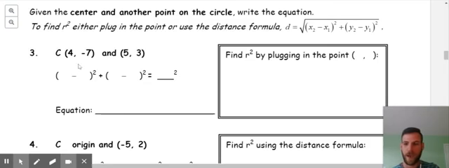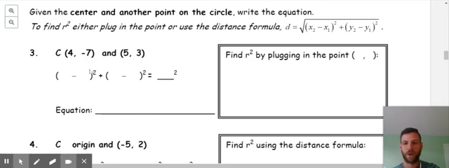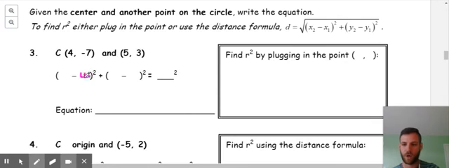So if we have our center in number 3 at 4 and then -7, well, we could write into our equation here that the 4 would go right here, and we know the -7 would go right here.